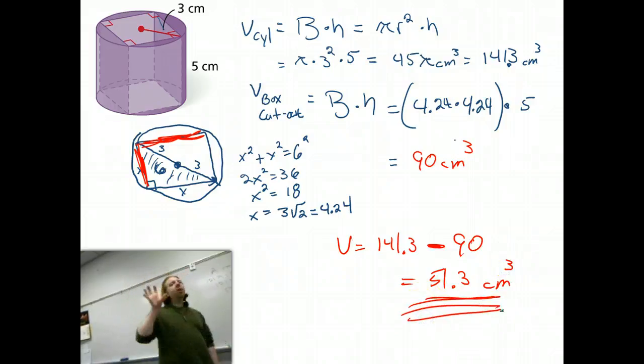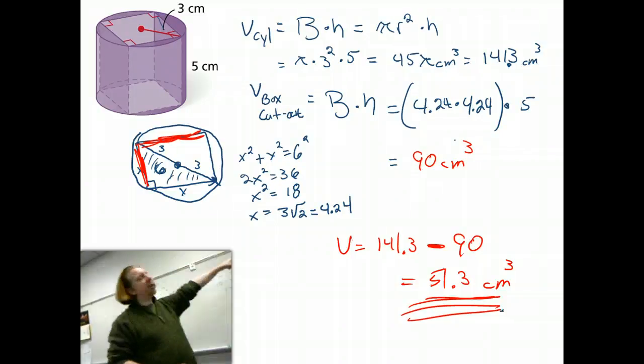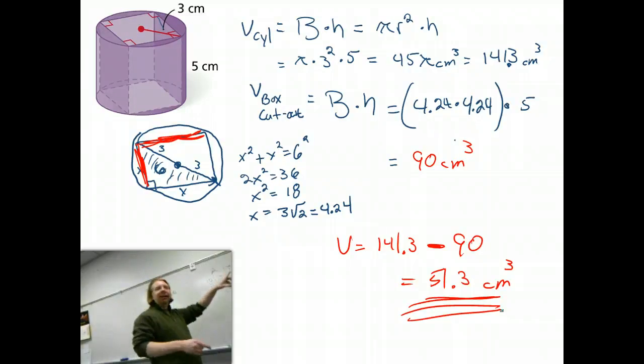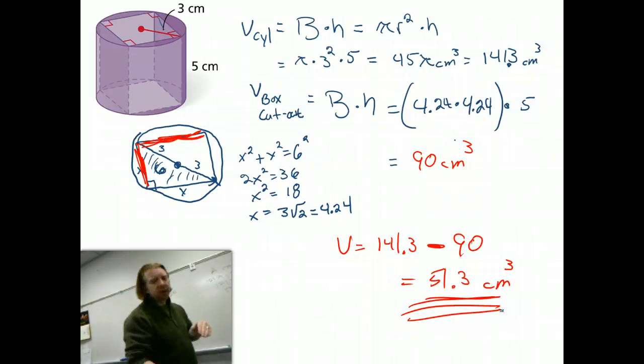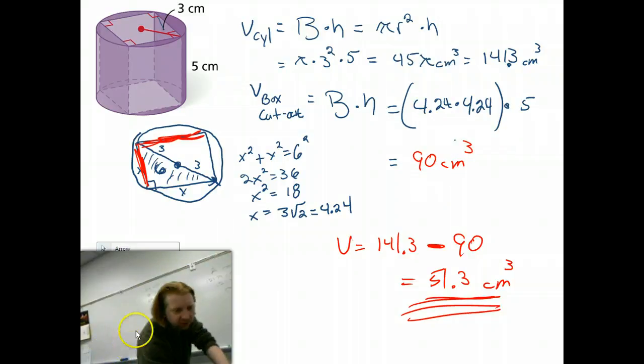Now there's one other way you could approach this one, which is that prism concept of taking the area of a base and multiplying it by the height, which means you start right on that circle with the cutout square, get the area of what's left. So area of the circle minus the square, and then multiply that value by the height of 5. You'll land in the exact same place.